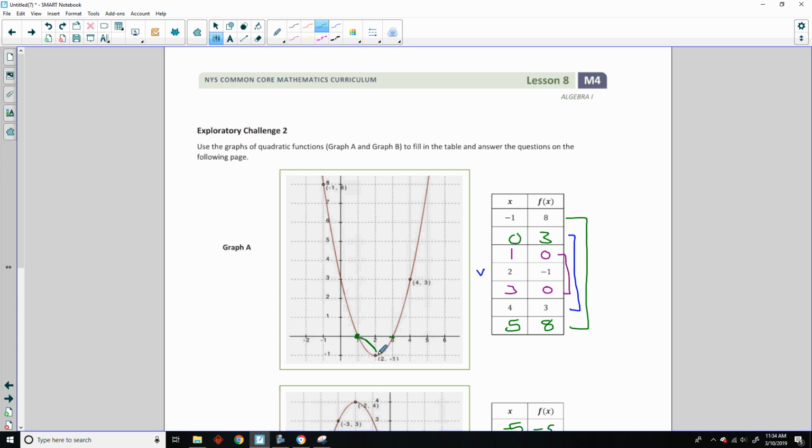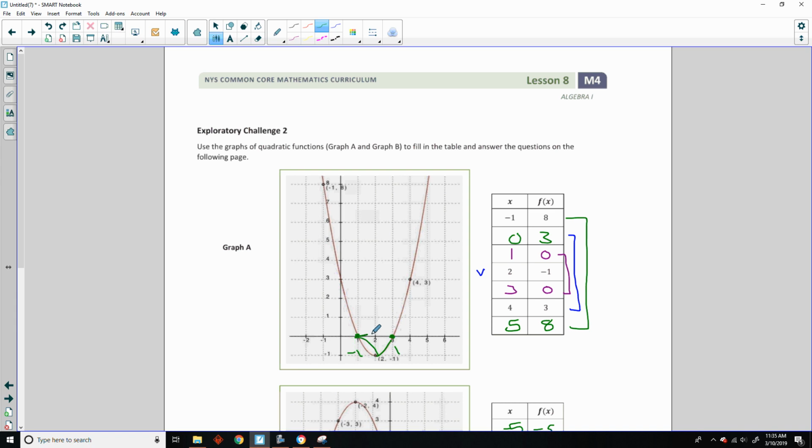It decreased 1 here, and it increased 1 there, and average means to add up all your changes and divide by that number. So -1 plus 1 is 0. So the average change was 0. It went down 1, but then it went back up 1, so the average rate of change is 0.